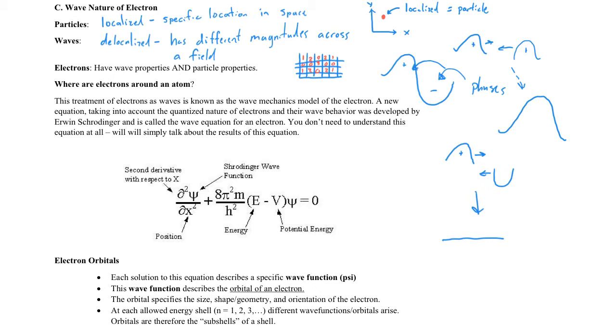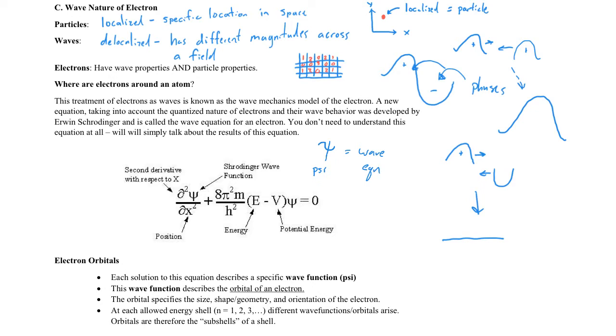Now, it turns out that all waves can be described in terms of something called a wave equation. A wave equation is an equation that describes a wave. And one of the symbols that's used for wave equations is this Greek symbol psi. Psi is a symbol in Greek that we use to describe a wave equation.